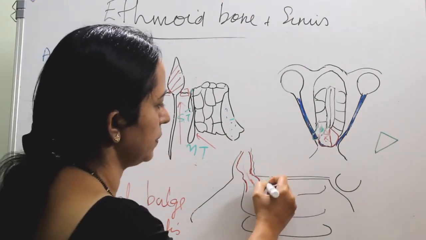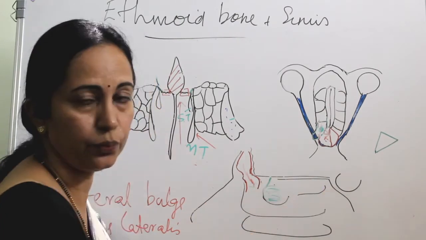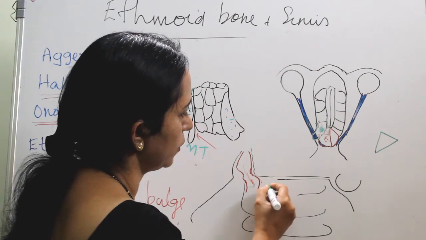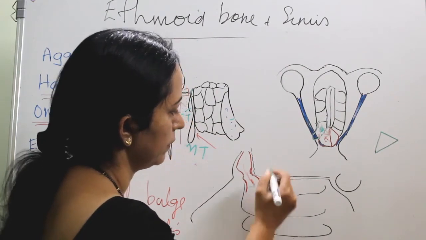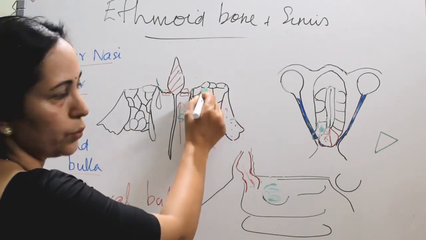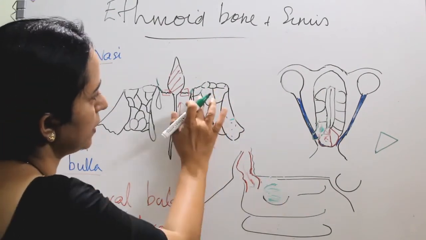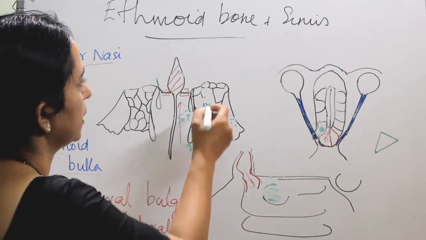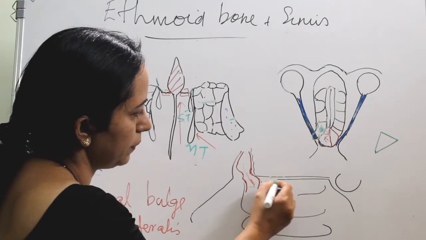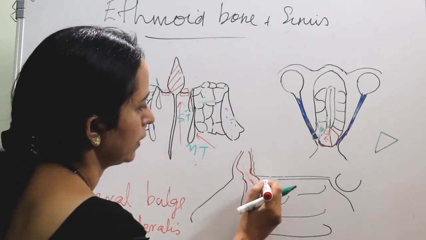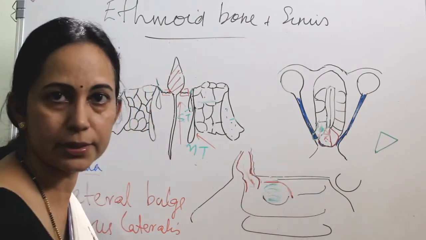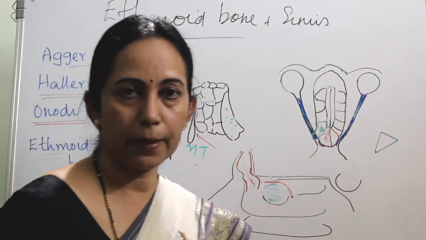In some cases it will be attached to the roof like this, or in some cases it will form the limit here only. Sometimes it won't reach up there; it will reach up to this line only. So there will be a gap, above and also posterior. You got it?